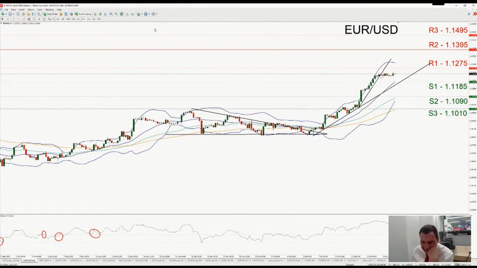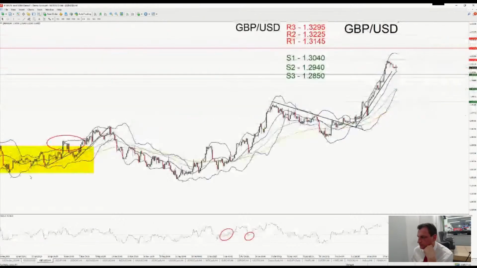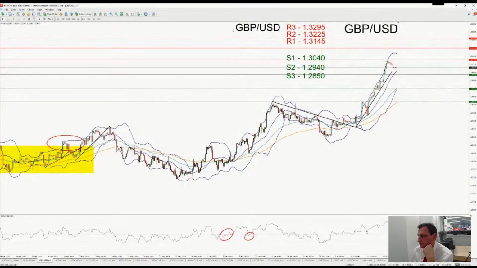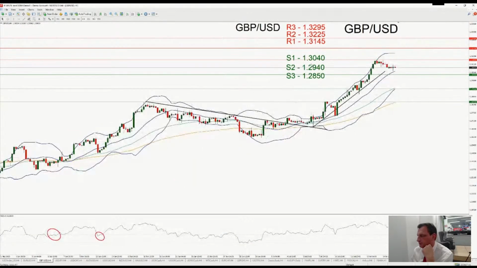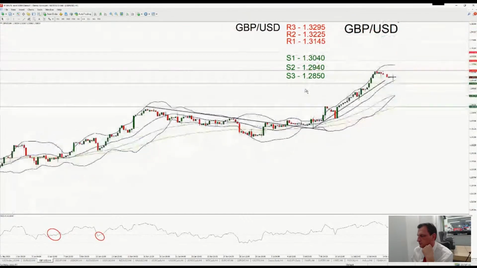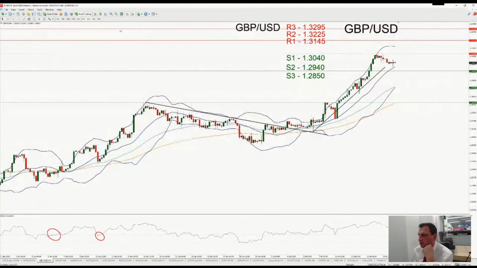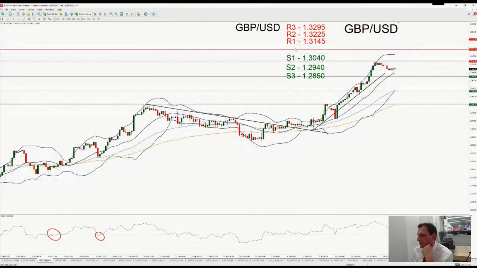Okay, let's have a look at cable. Zooming in. It's the forward chart. We have quite narrow levels. Let me reposition them.